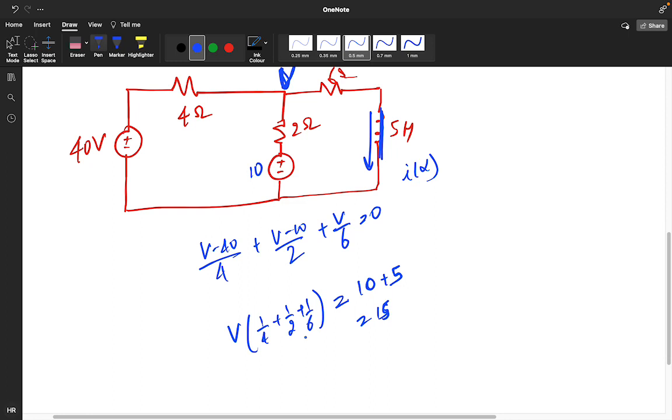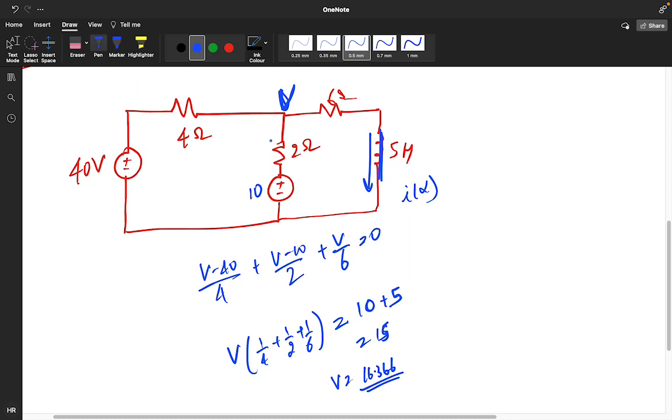So 15 into 12 divided by 11. So V value you will get 16.366. So we are getting 16.366.